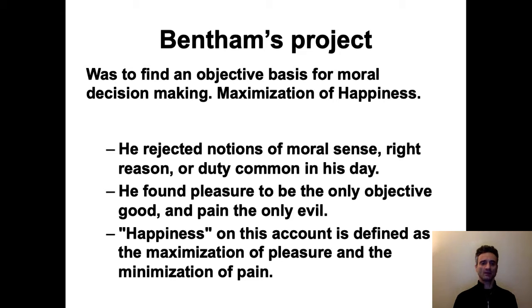So as you remember from the previous lecture, he thought that pleasure is the only objective good and pain the only objective evil. Now, of course, there might be people who enjoy evil, doing evil, but that's because they are deranged, not because they're normal. Any sensible person would think that evil doing is just wrong.